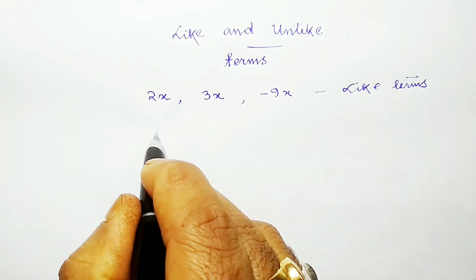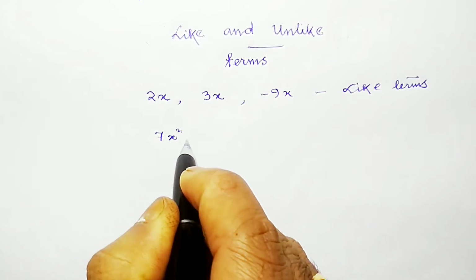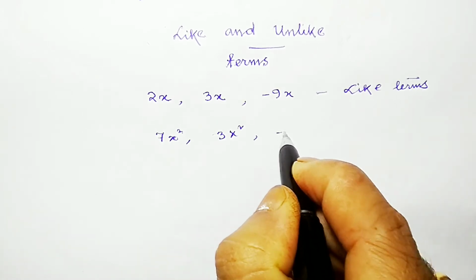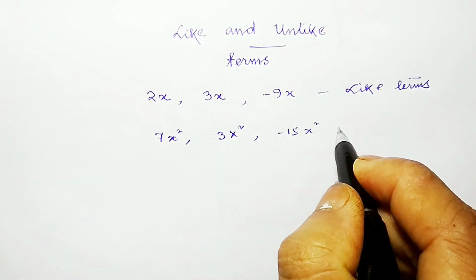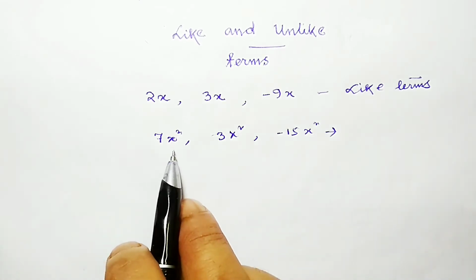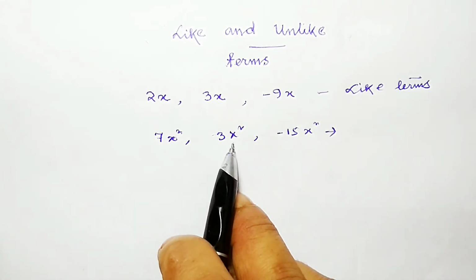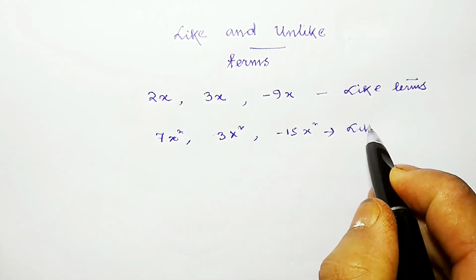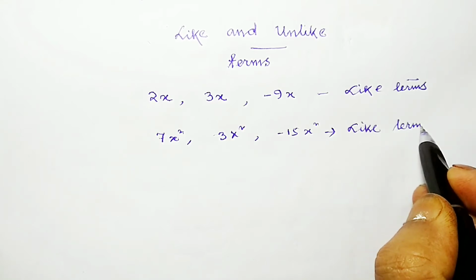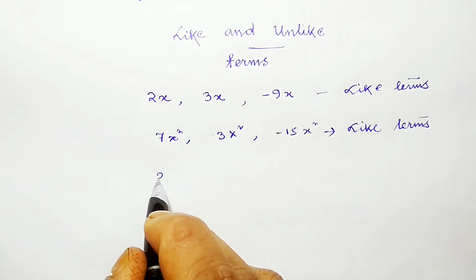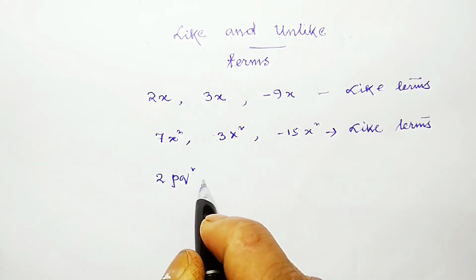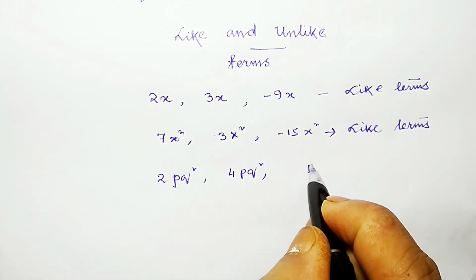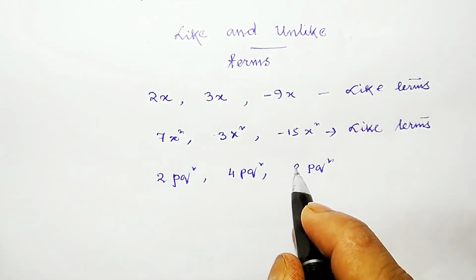I can write, suppose, 7x square, 3x square, minus 15x square. These are also like terms because the same variable is used, x here, x here, x here, and the exponents are also the same, so these are called like terms. Suppose I write 2pq square, 4pq square and only pq square, suppose it is 2 by 3.